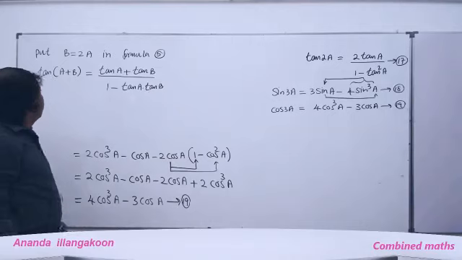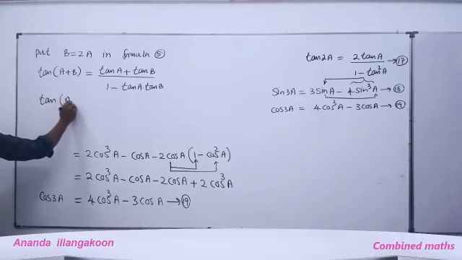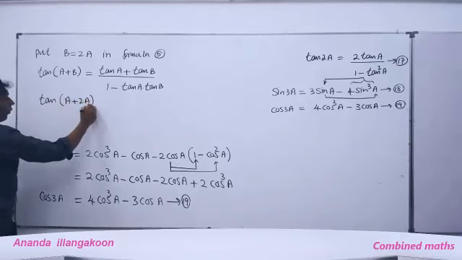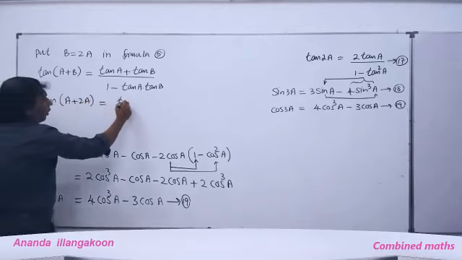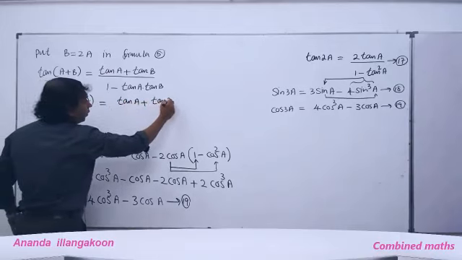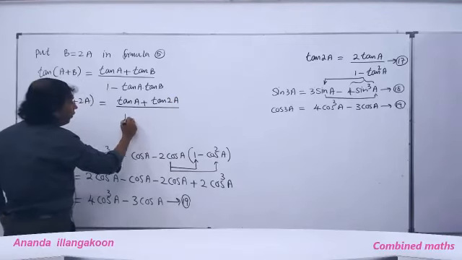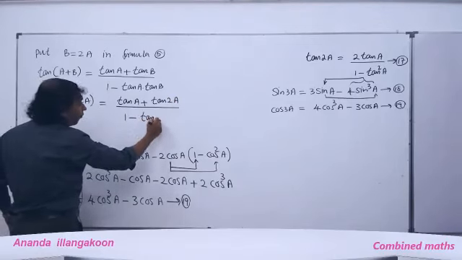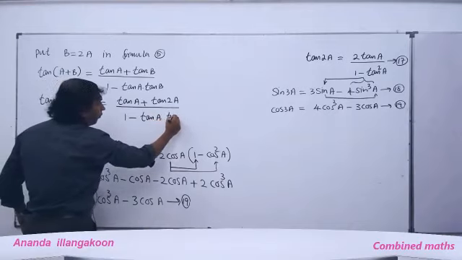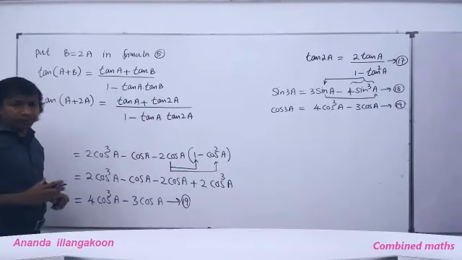Right. So when I put 2A for this B, we get tan(A+2A) equal to tan A plus tan 2A divided by 1 minus tan A into tan 2A. Right?